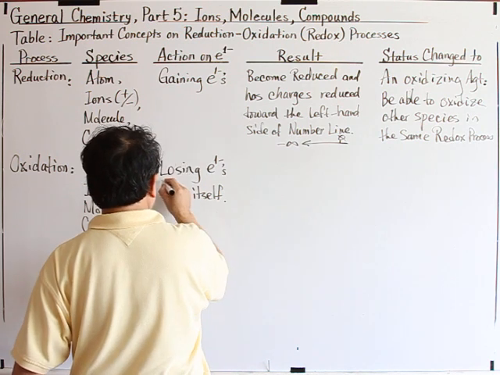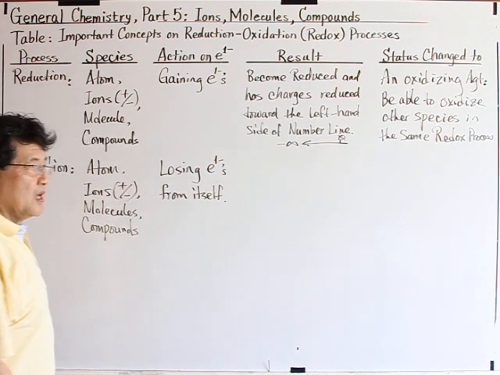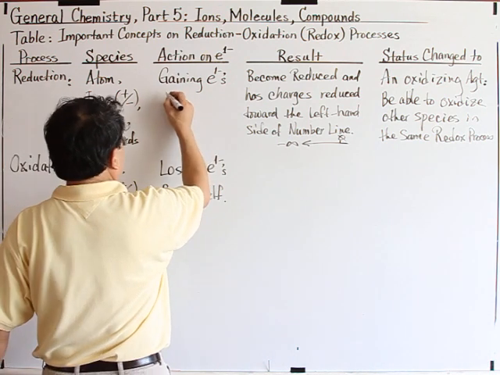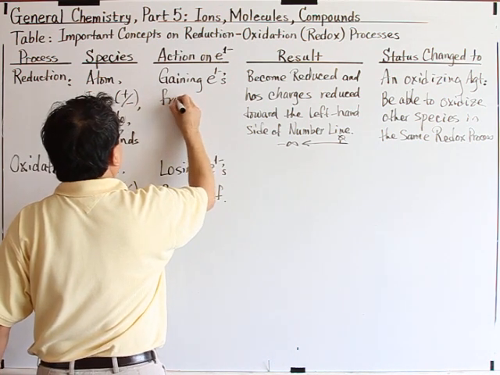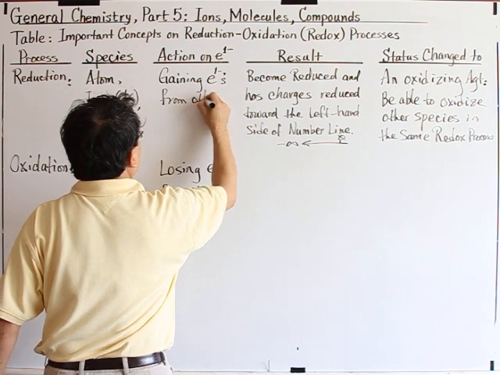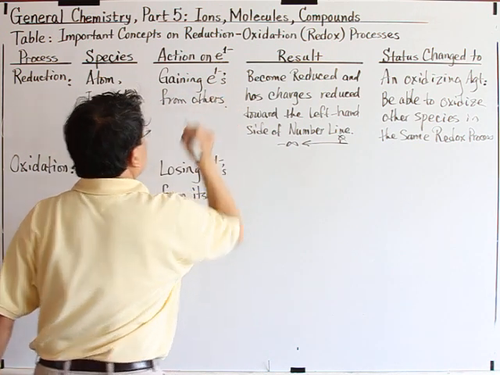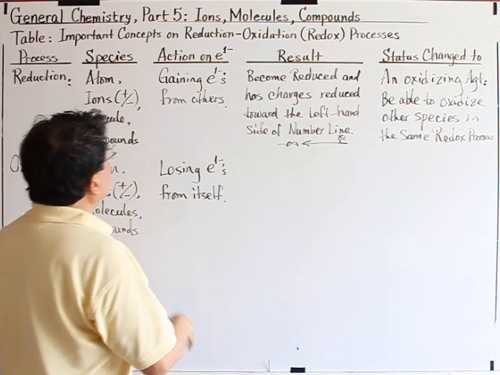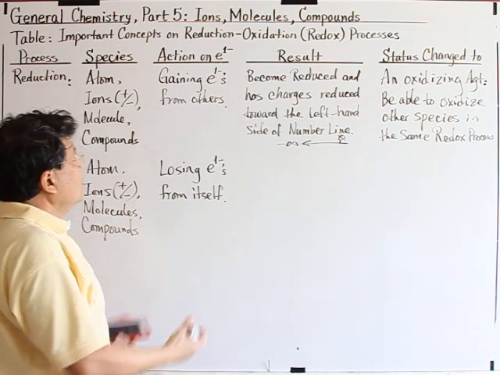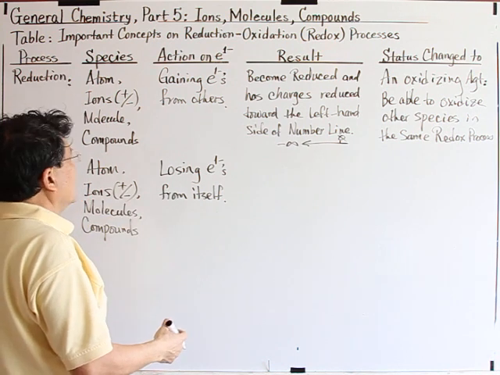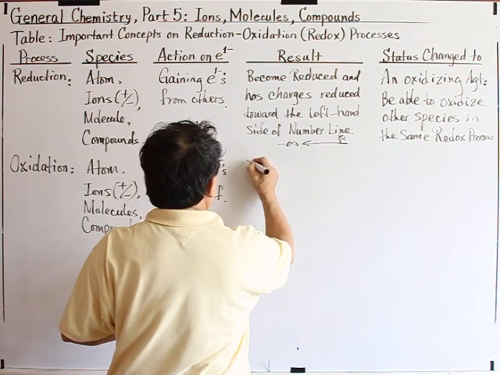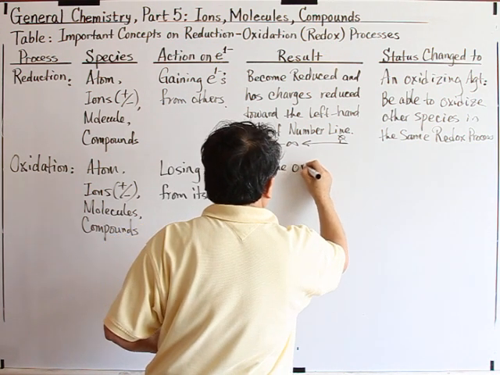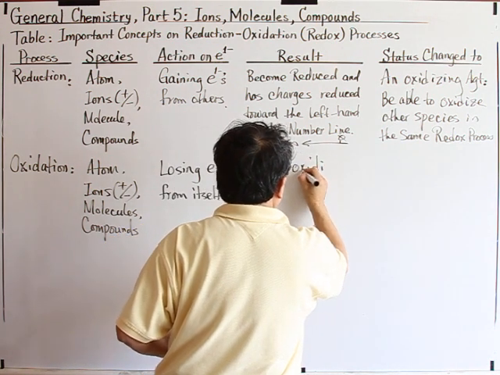Losing electron from itself. Now the gain of electron, we should put it here, from what? Gain electron from others. So losing electron, what's the result? You lose the electron, becoming oxidized.